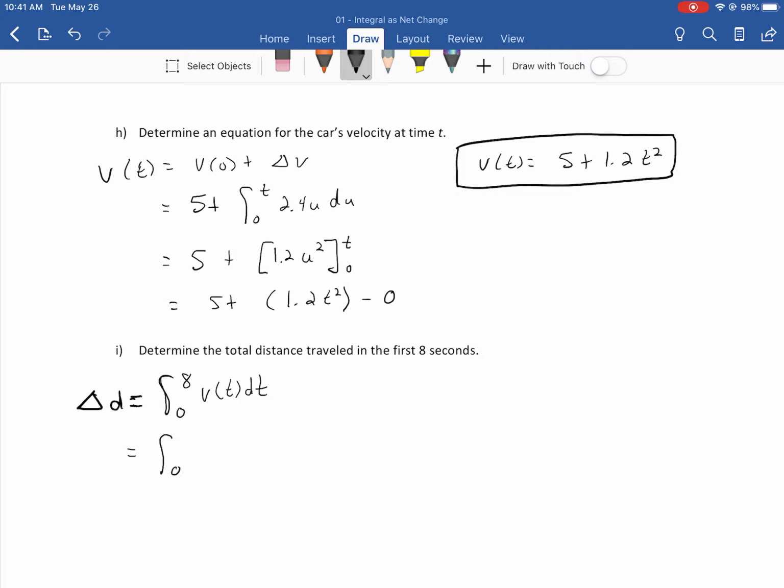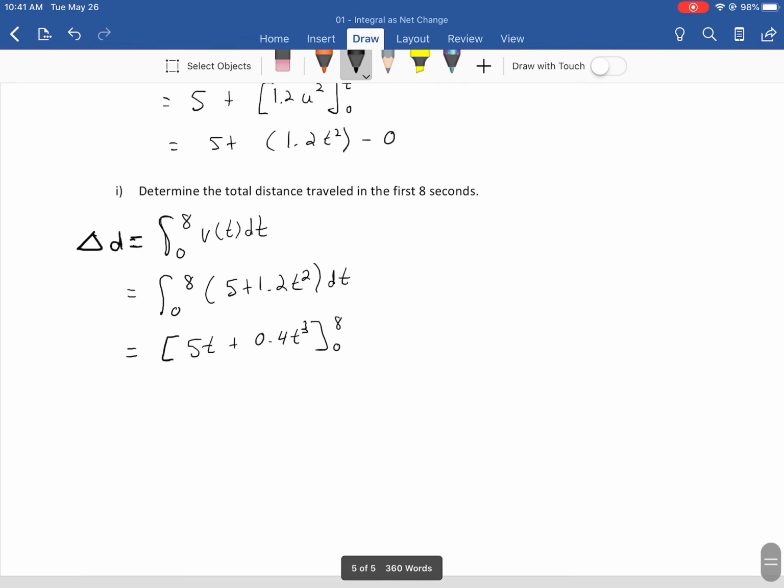And we know the velocity now. And so, antiderivative time, 5t plus 0.4t cubed, I think, will do the job. And we want to evaluate that from 0 to 8.